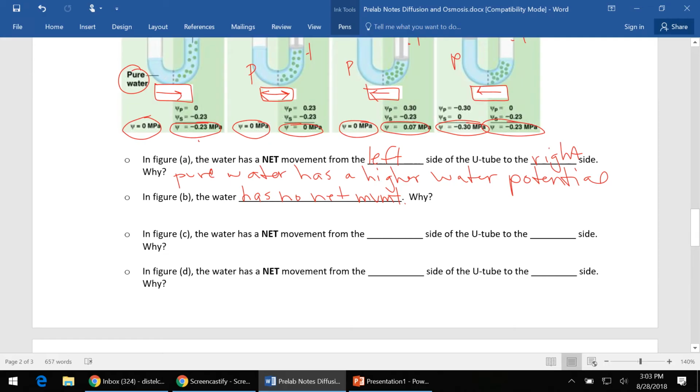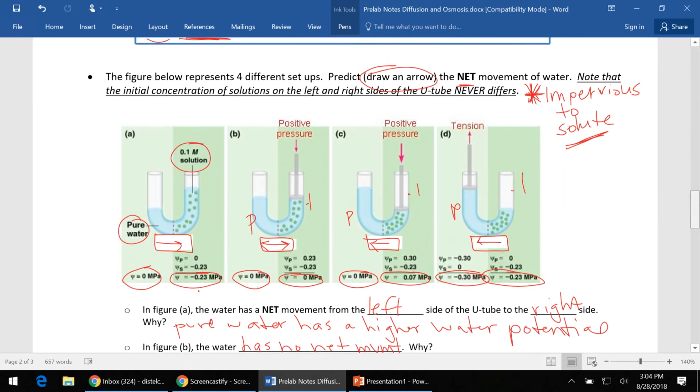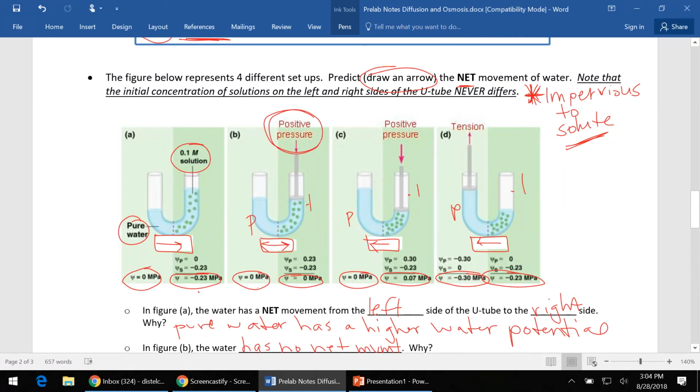Why? Well, the water potentials are equal, but the difference between what happened in the second scenario is this pressure component. So the pressure potential was matched exactly to the solute potential of that negative 0.23 that we saw previously.